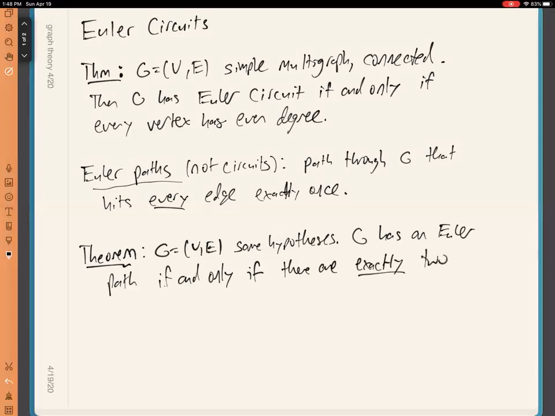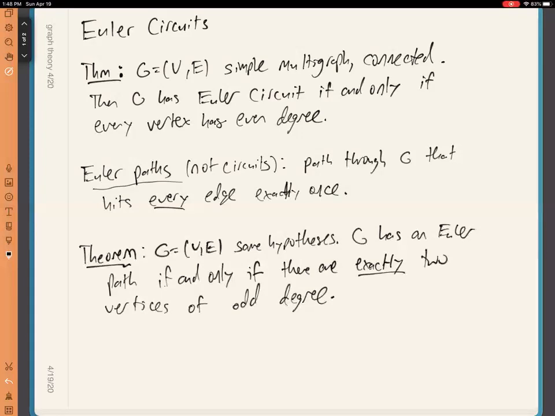So that means there are two vertices of odd degree, and every other vertex has even degree. There are only two vertices which can have odd degree, and you need exactly two.